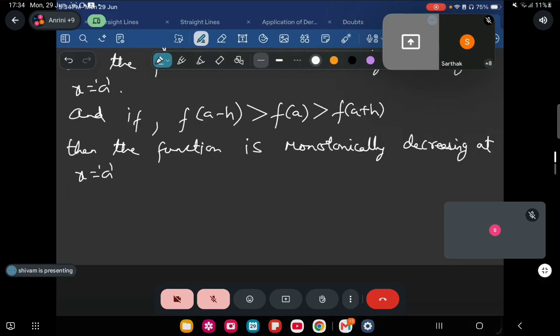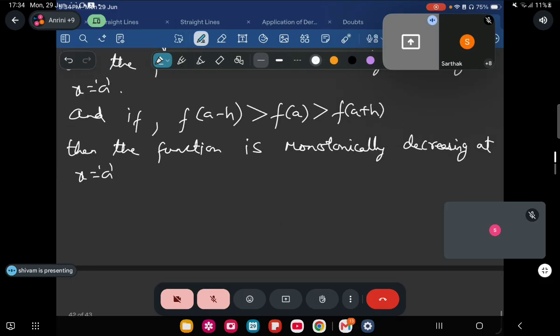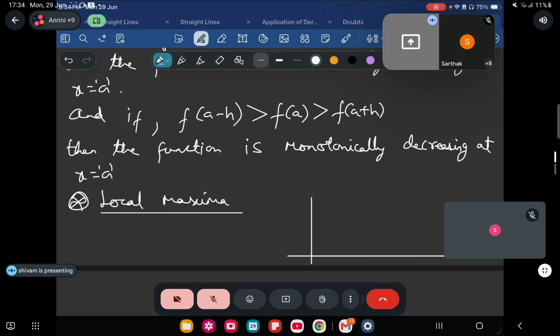Next, local maxima. In earlier chapters also, I have defined local maxima and local minima. So what is local maxima? Everyone pay attention. This is how the graph will look like.